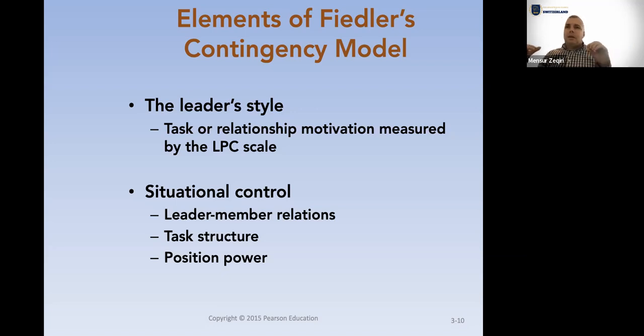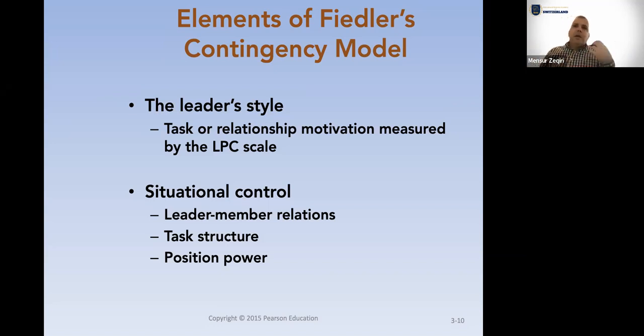One particular factor that moderates the task structure is the experience level that the leader has. If leaders have experience with a task, they will perceive the task as more structured. If they don't have experience, any task will appear to be unstructured.